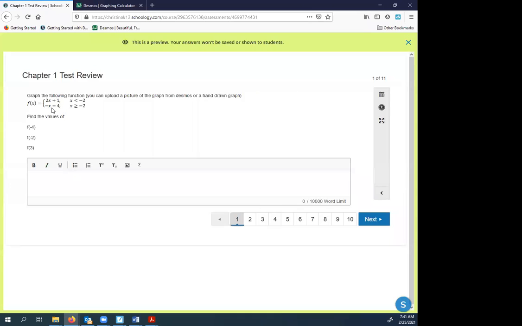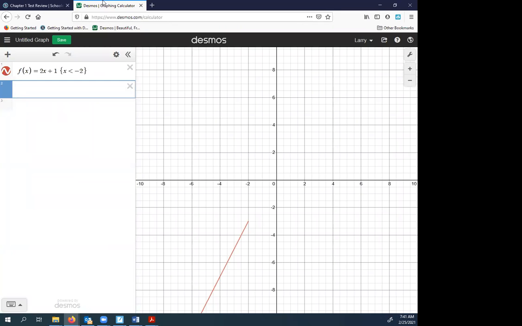Then I can call g of x my next part of the function, -x minus 4. And then again, I need that domain restriction on it. This one said x is greater than or equal to -2. I did not hit a greater than symbol in there. Greater than, there we go. Greater than or equal to. There we go.